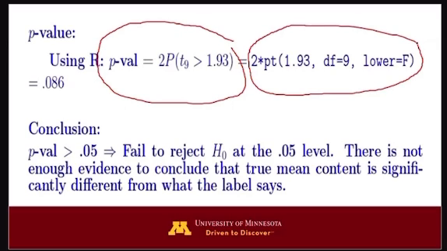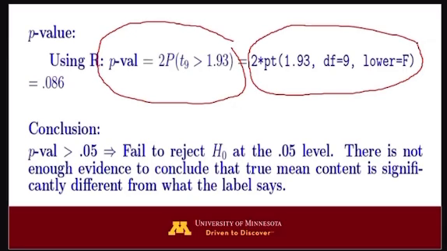Then you're going to put a comma, followed by the degree of freedom, which is going to be 9. Then lower.tail equal to F. That F means FALSE because that sign is greater than, and that was why we say we're not dealing with lower. The moment you get a pt of that, whatever you get, you multiply by 2.